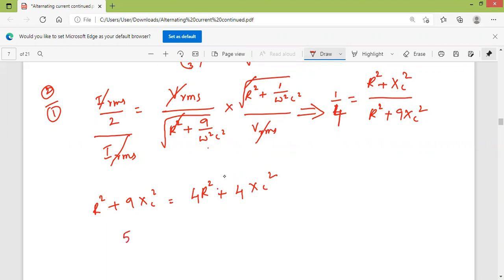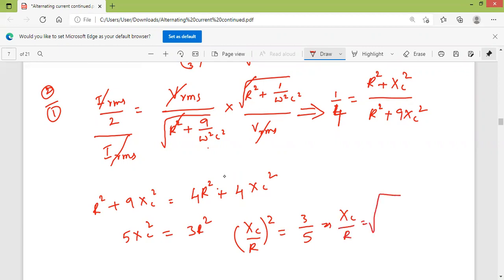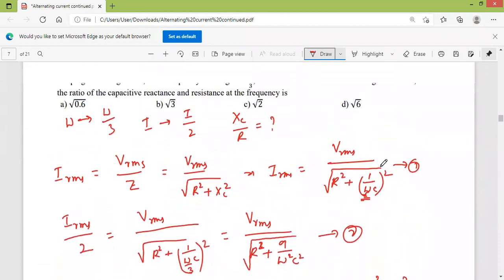It becomes 5XC square is equal to 3R square, or XC by R whole square is equal to 3 by 5, or XC by R is equal to square root of 3 by 5. Square root of 3 by 5.